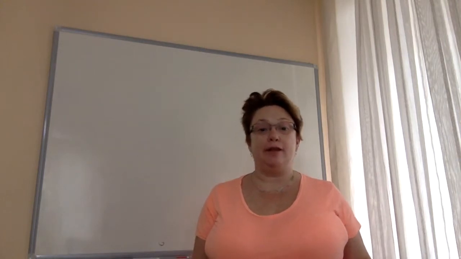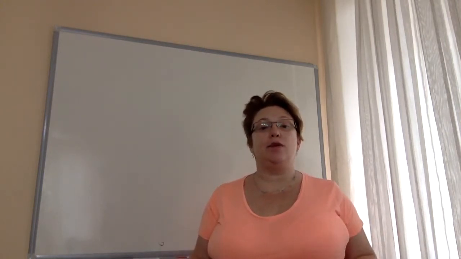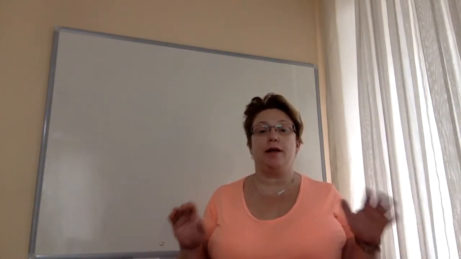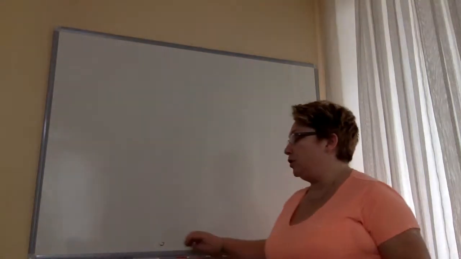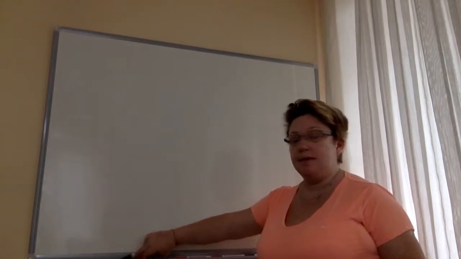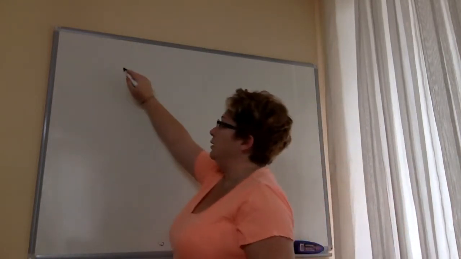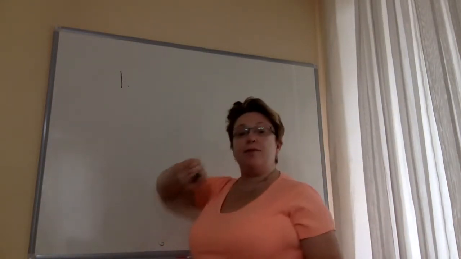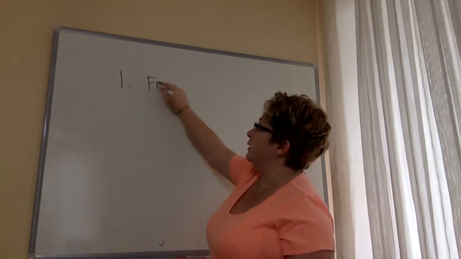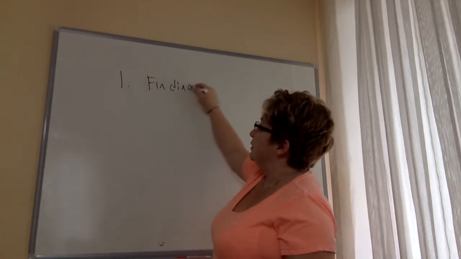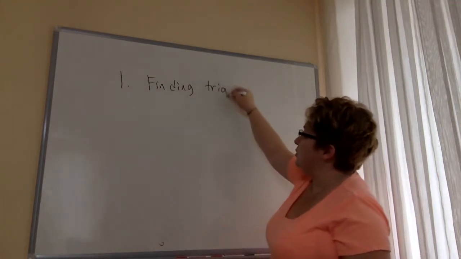Welcome to lesson 11. In this lesson, we will be looking at right triangle trigonometry. We have two objectives for this lesson. Number one, given some information about a right triangle, finding trigonometric ratios.